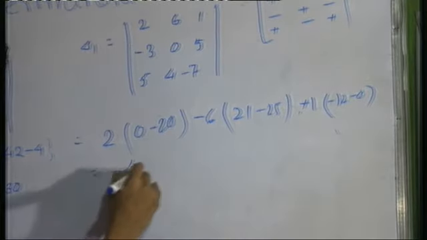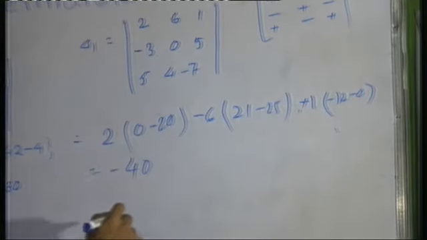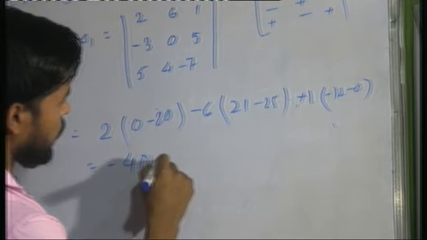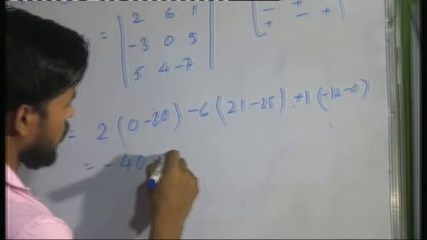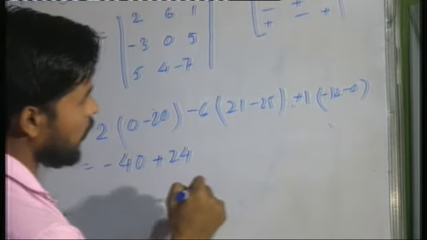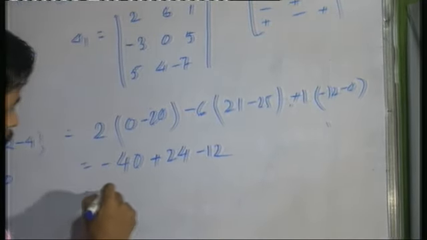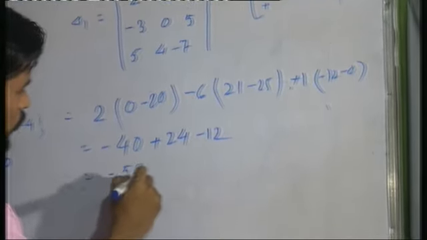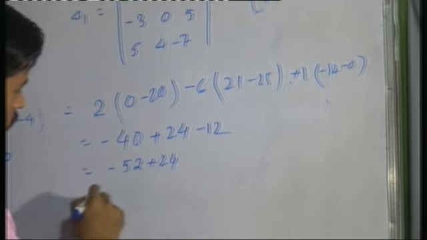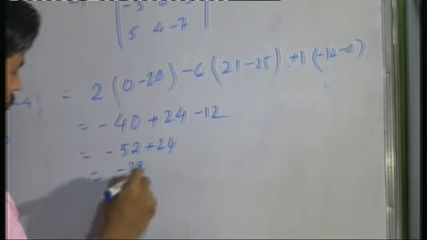That is minus 40, and 4 6s are 24, and this is minus 12, so that is minus 52 plus 24, that is equal to minus 28. Okay.